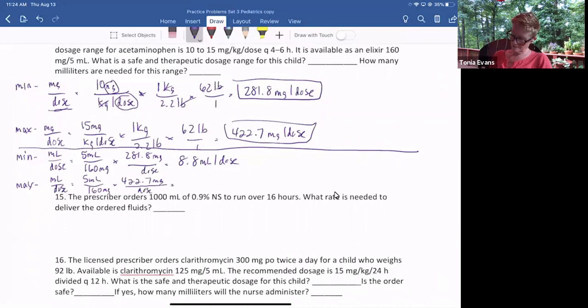All right, 5 times 422.7 divided by 160 equals 13.2 mLs per dose. Okay. So that's part 2 of our question. How many milliliters are needed for this range? Well, we need between 8.8 and 13.2 milliliters per dose.